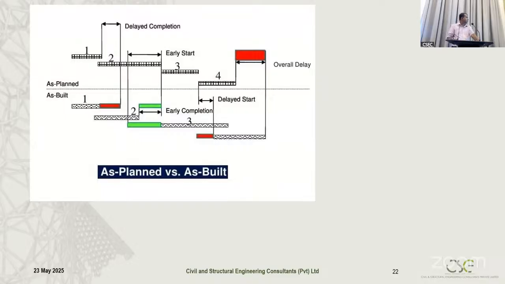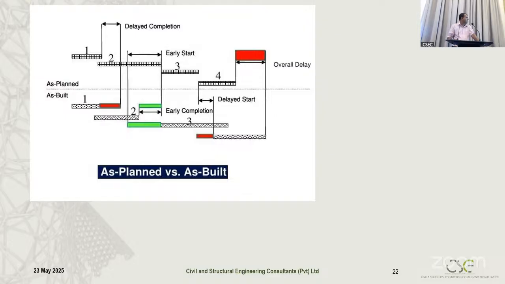Okay, this is a graphical view for you to understand the description clearly. At the upper portion, we have the as planned schedule. 1, 2, 3, 4 are our activities, sequenced there, and the lower portion is the as built, showing how we have moved forward in the project.